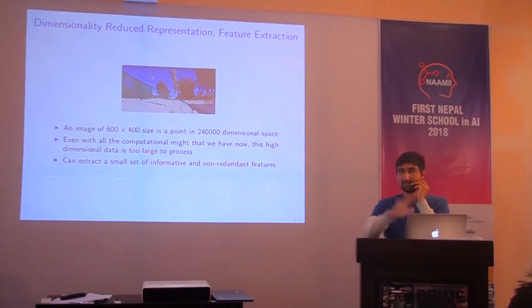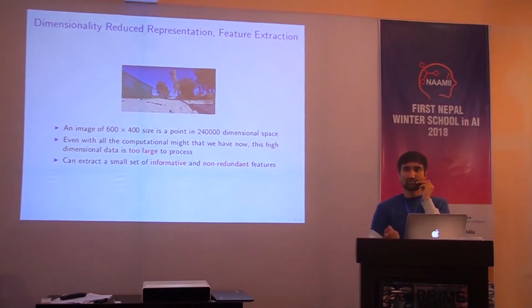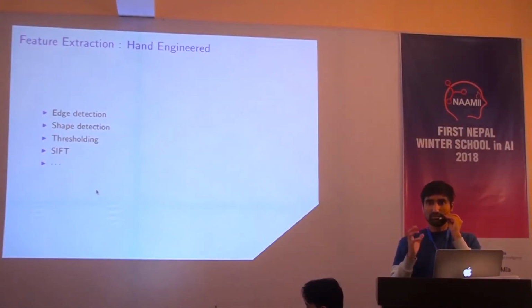We know similar things will lie around similar areas. So there are lots of assumptions we can make about our world. And based on that, can we compress or reduce this information into something that is more suitable? So that's the question. Any ideas? What could we do here?